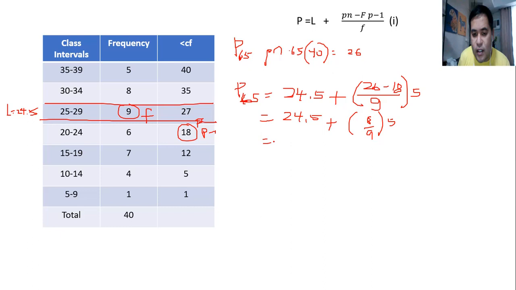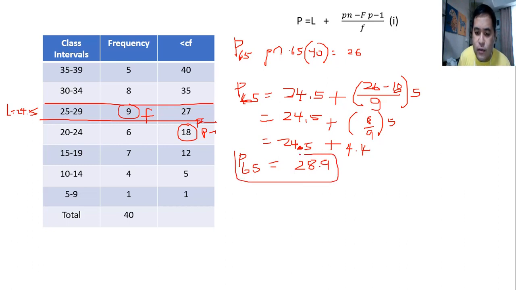So this is now equal to 24.5 plus 8 over 9 times 5 is 4.4. So by adding now, your P65 is equivalent to 28.9. So you have now this as your answer.